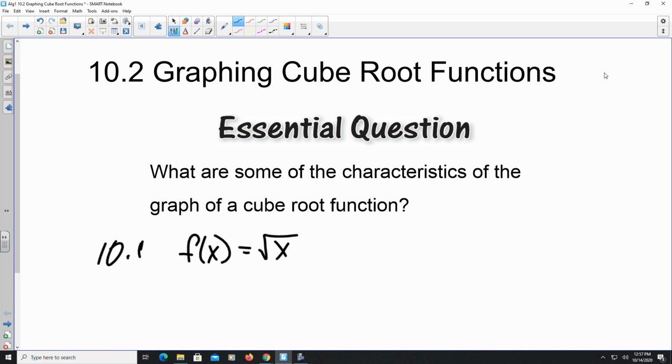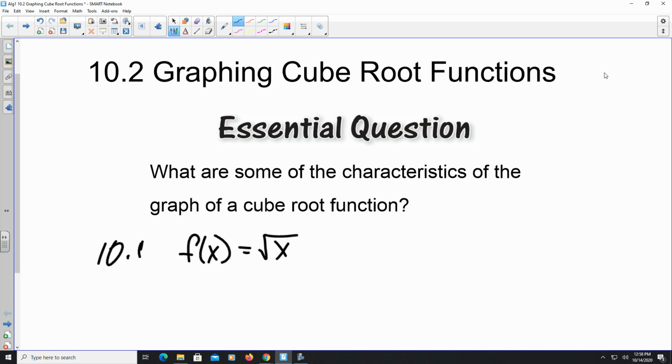One of the main concepts of graphing a square root function was there was a starting point, because you couldn't use certain values for x. You couldn't use any negative number because it would make our function undefined.